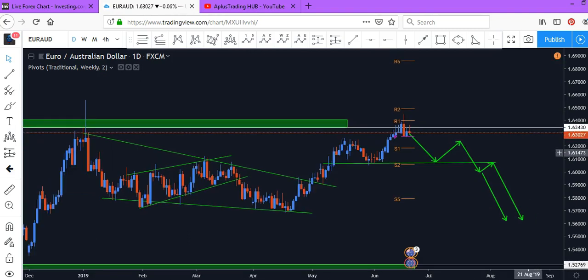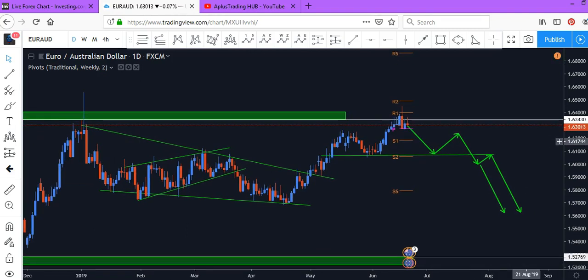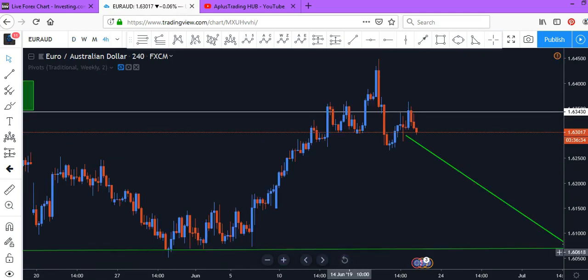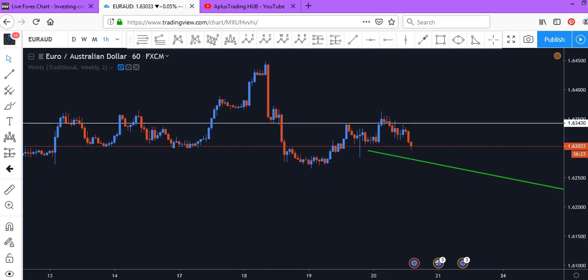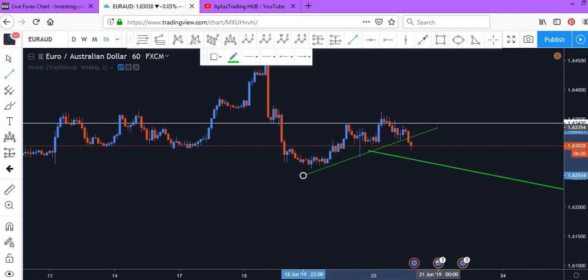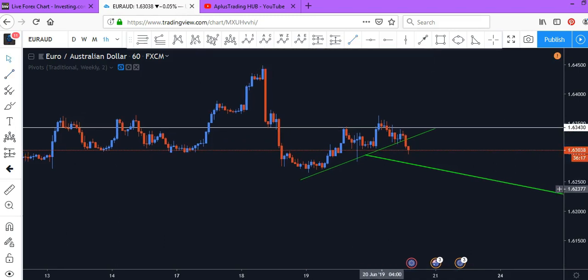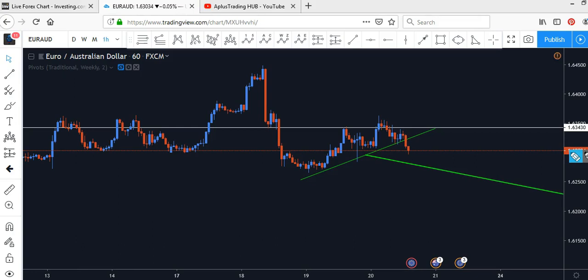This is my projection for this trade, but if you need an entry on this trade, you need to go to the lower time frame. This is what we have here. You can wait for price, after correction, to break down. Let price break down from this trend line I just drew, close below, retest the trend line, then you sell from this area while placing your stops here if you are an aggressive trader.